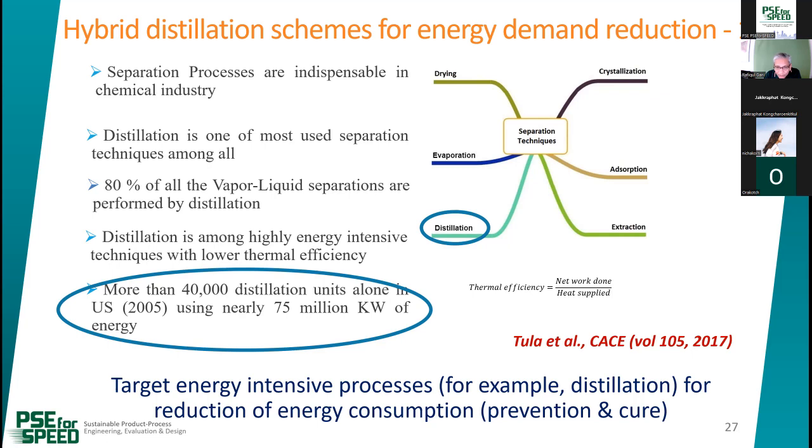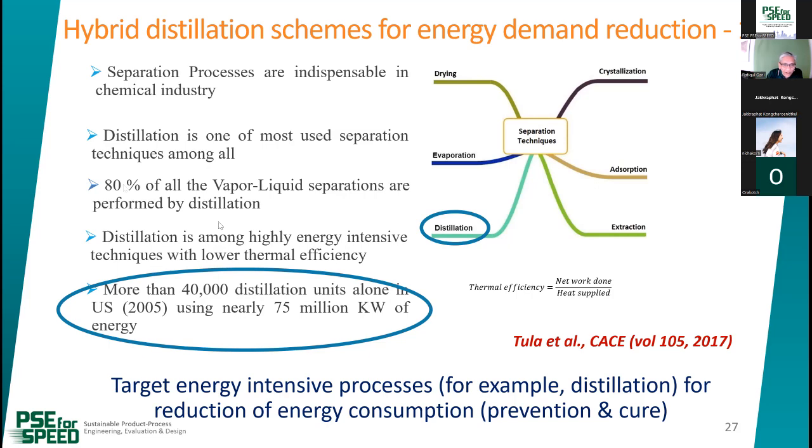And therefore, if we target those, we can save a lot of energy and therefore reduce the CO2. So how can we do that? At the same time, we cannot get rid of distillation columns because there is no alternative better than distillation. So that's why we call it hybrid, because we want to combine two different operations together to achieve the same objectives.